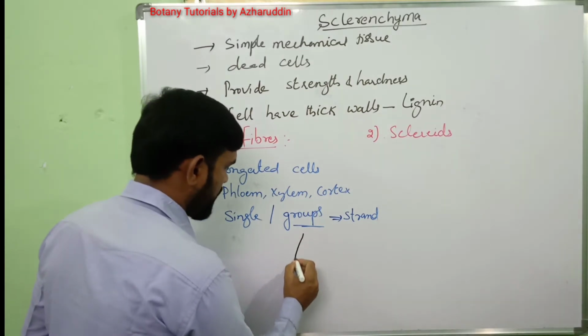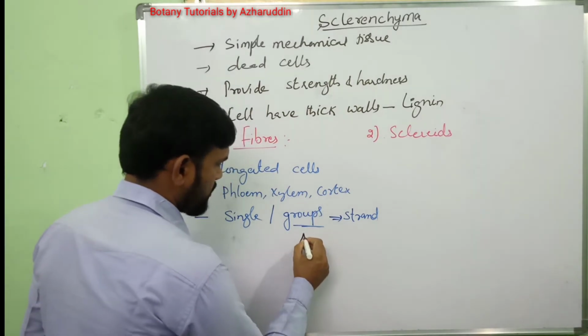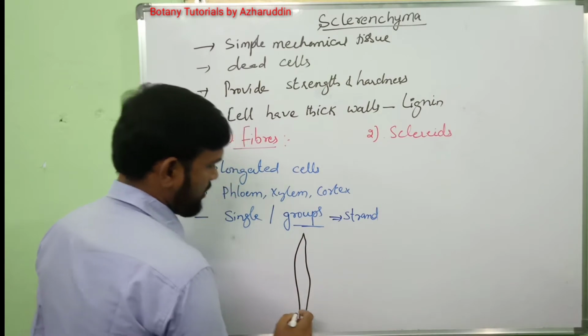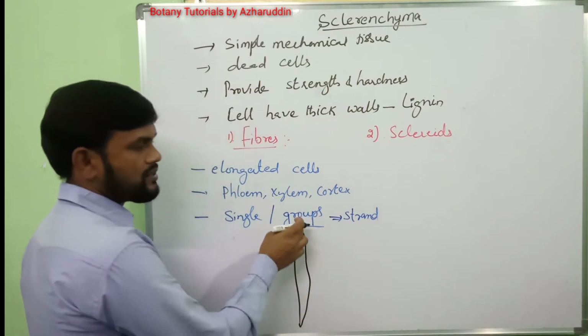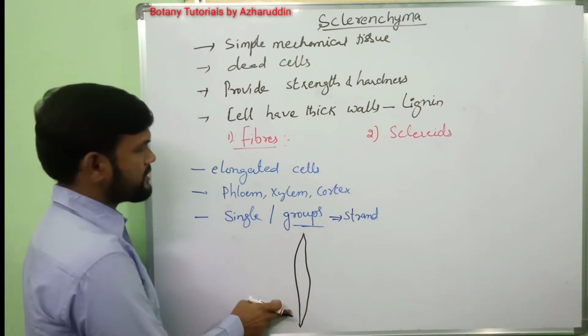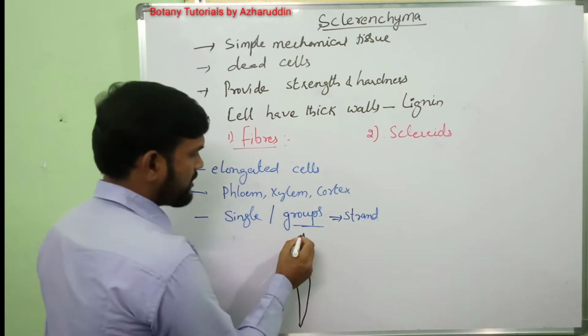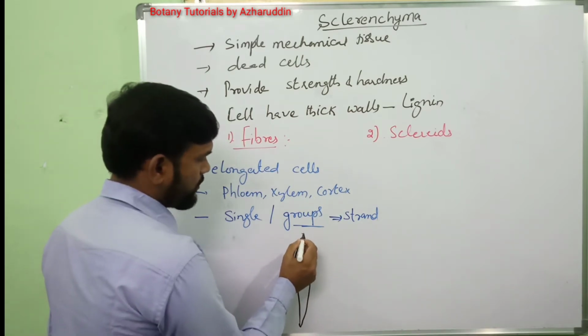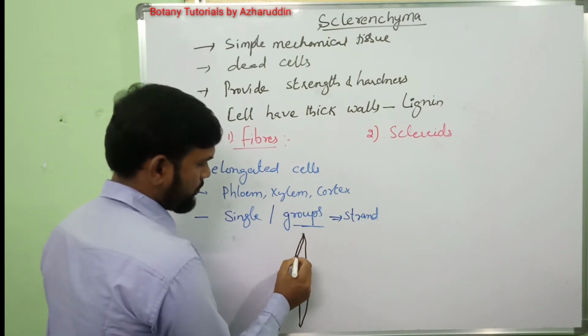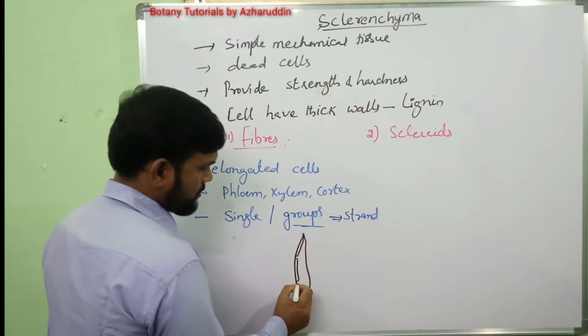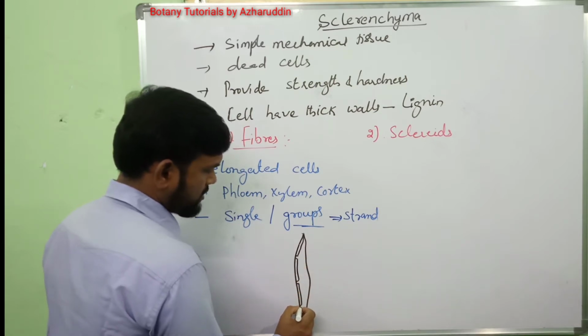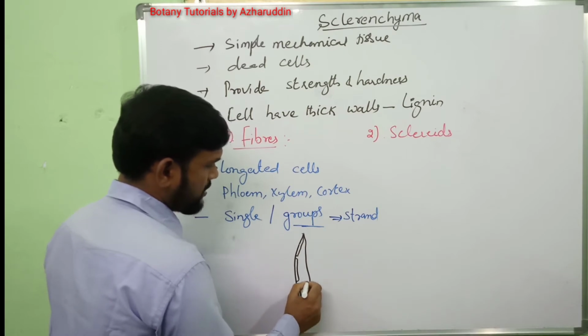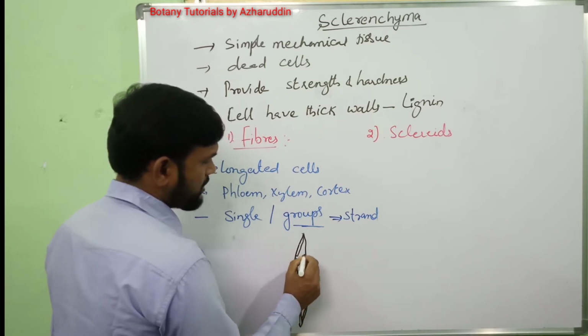This is a fiber. This fiber is a long, elongated cell which has a thick cell wall. In the cell wall, lignin is deposited.